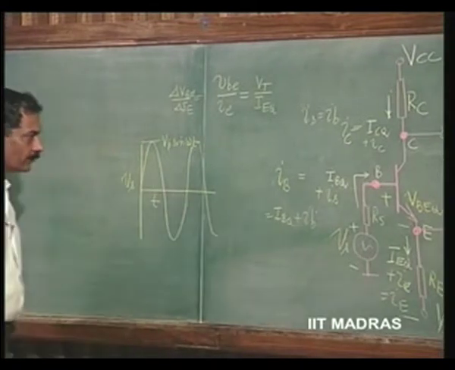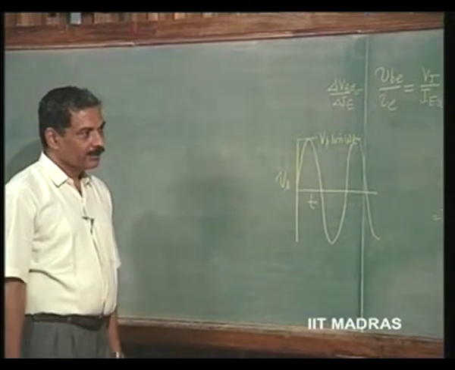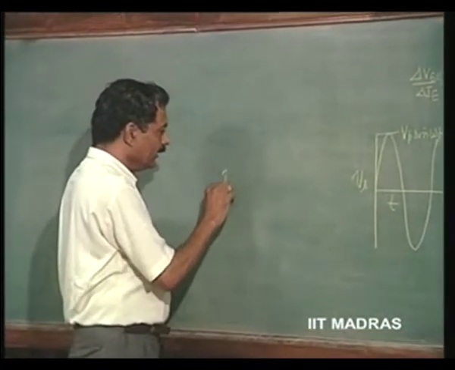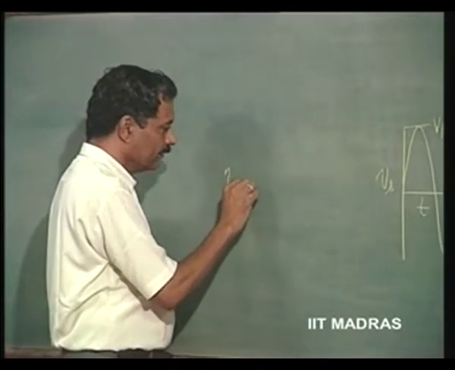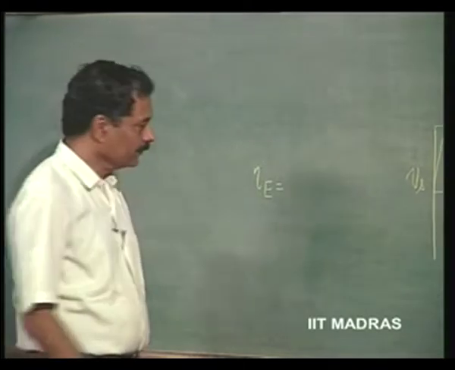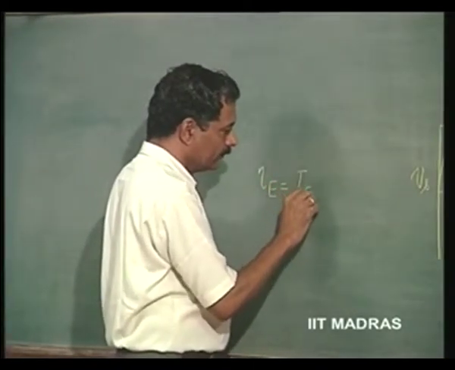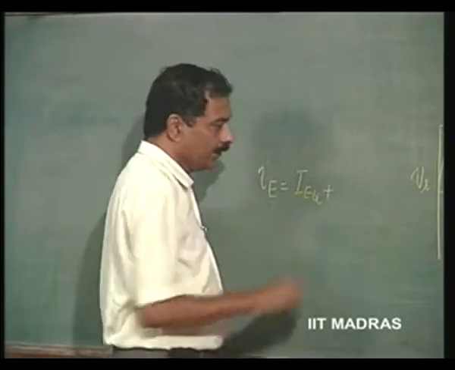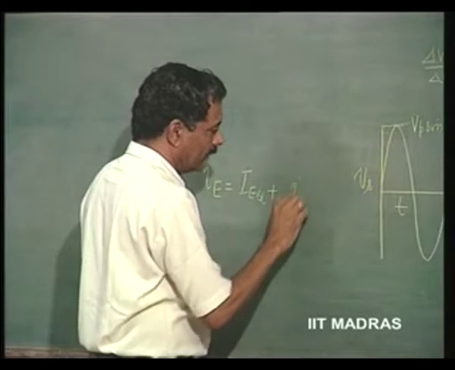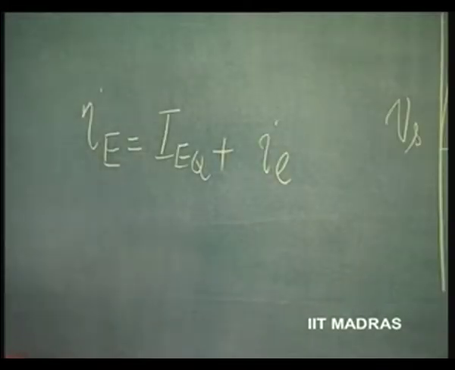Now, if that is not the case, then what we should do is that IE is therefore equal to IEQ plus this Ie. And how do we determine this?